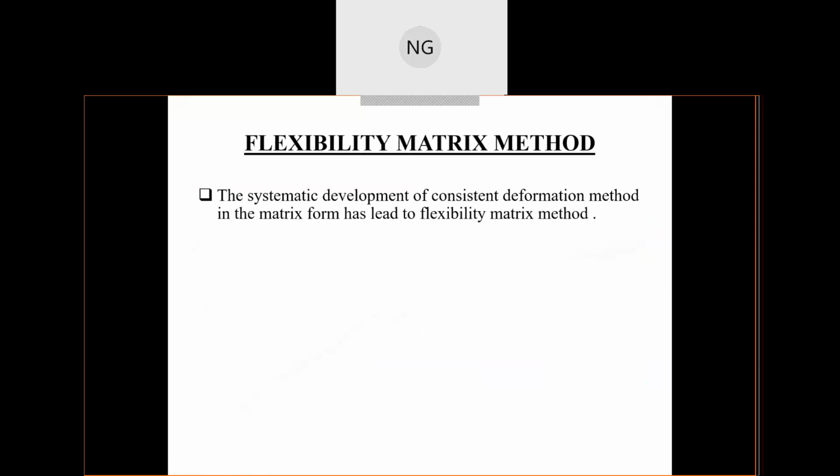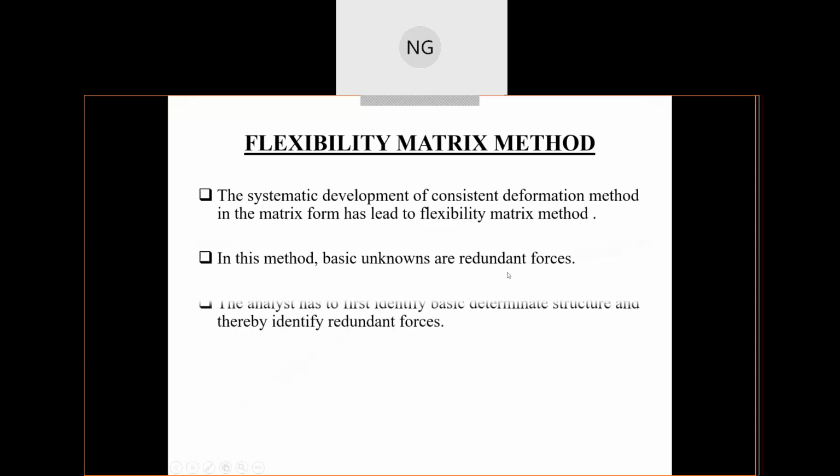Coming to the flexibility matrix method, the systematic development of the consistent deformation method in matrix form has led to the flexibility matrix method. In this method, the basic unknowns are redundant forces, meaning unknown forces present in a member.